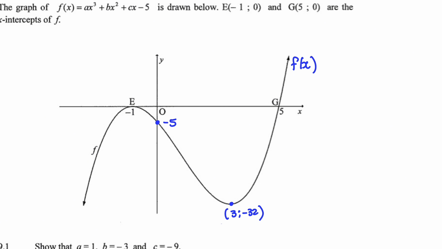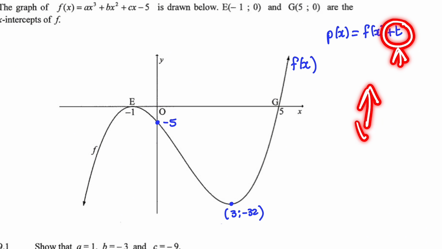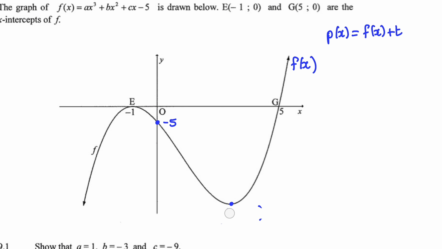And we know that p x is equal to f x plus t. So this plus t part is only focusing on vertical movement up or down. So that means we're looking at y values. So in our graph here, I'm only going to consider the -32, which is that y value.